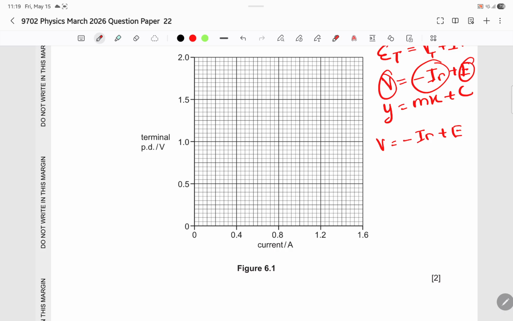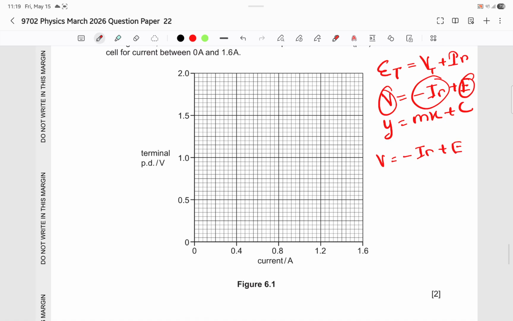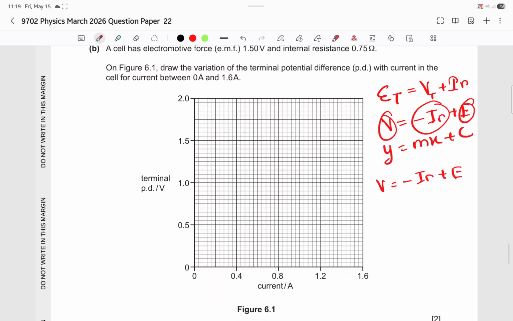So using this formula, V equals minus IR plus E. When the current is zero, V will be equal to the EMF, and the EMF given is 1.5.